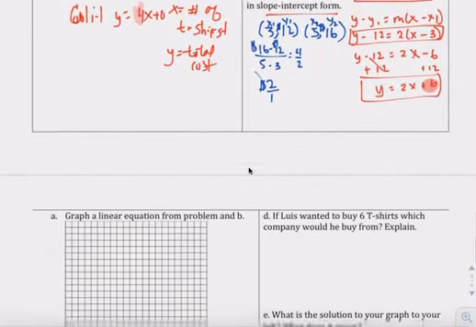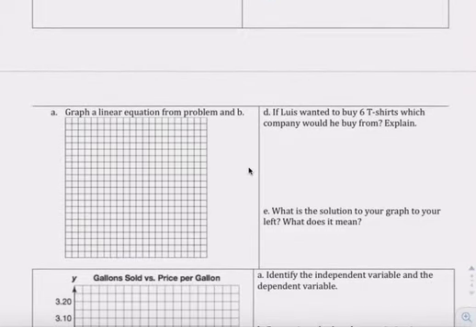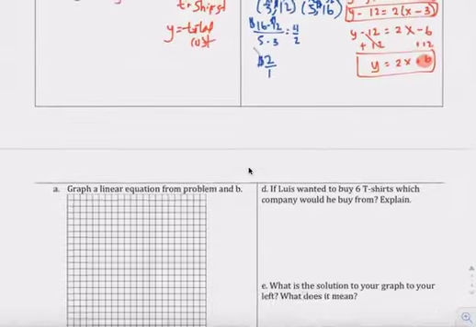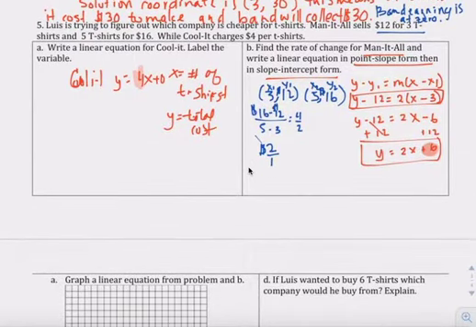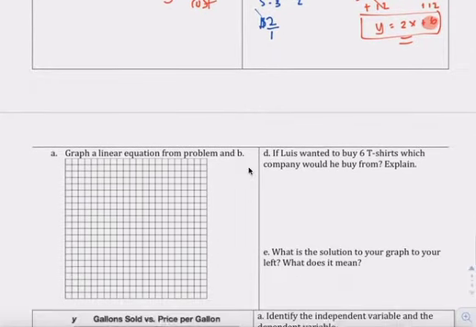Okay, so let's graph this. Let's go up by 2 because this is 4, the dollar amount, and this is 2. So let's count by 2 so we can make a bigger graph.